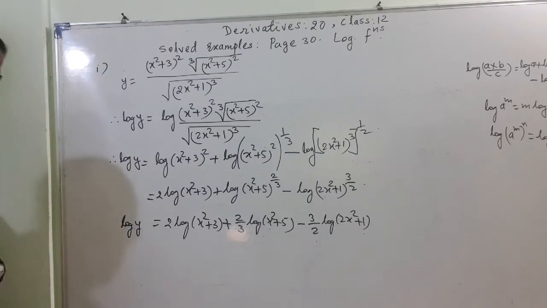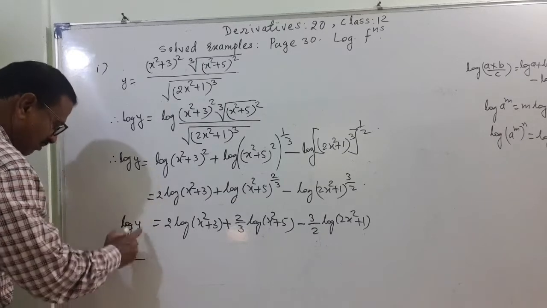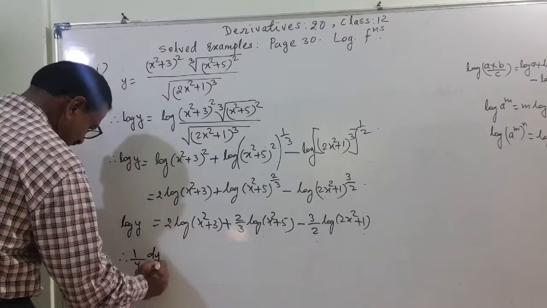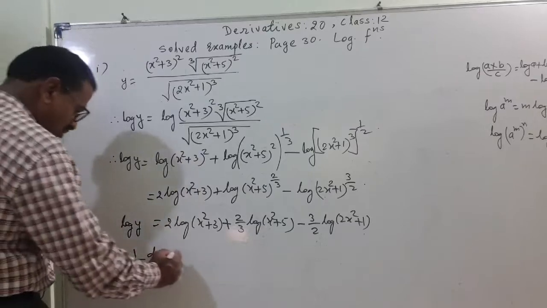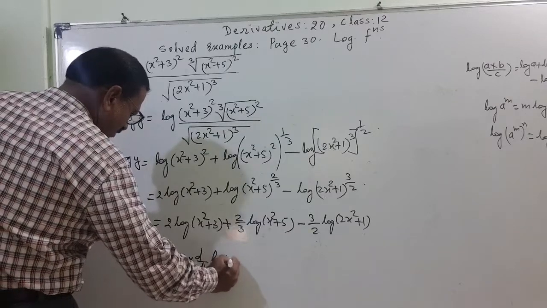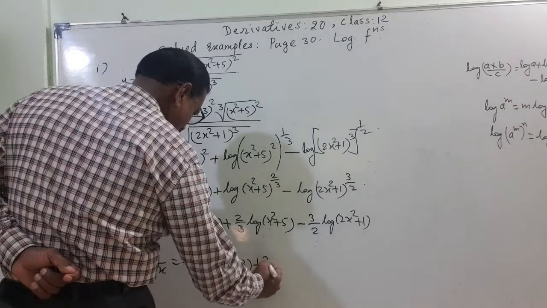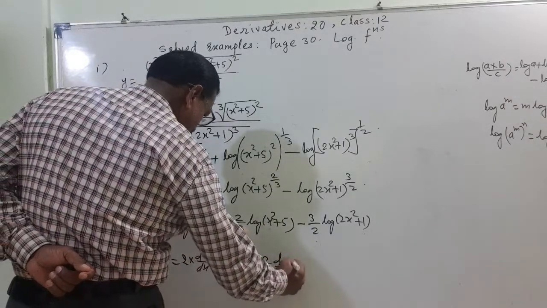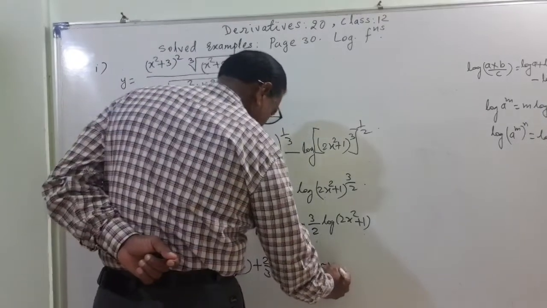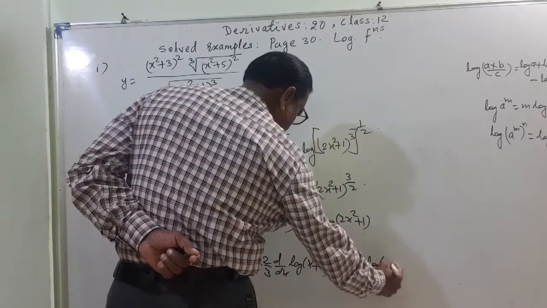Now differentiating with respect to x, we have derivative of log is 1 upon y, and derivative of y is dy by dx, is equal to, this 2 is a constant, 2 into d by dx of log of (x square plus 3) plus 2 upon 3 into d by dx of log of (x square plus 5) minus 3 upon 2 into d by dx of log of (2x square plus 1).